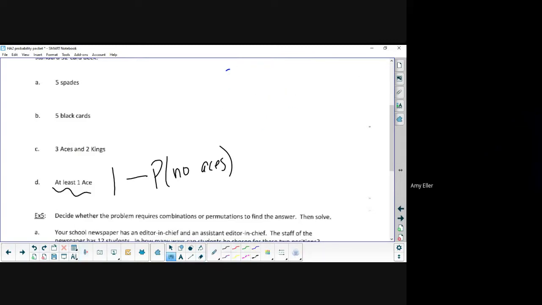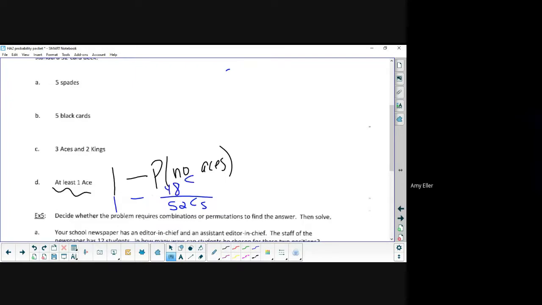So let's go ahead. 1 minus. The denominator is still the same: 52 choose 5. I have to choose no aces. How many cards are not aces? 48. There were 52, so there's 48 that are not aces.